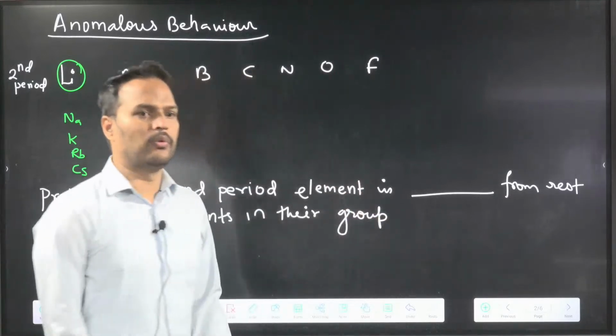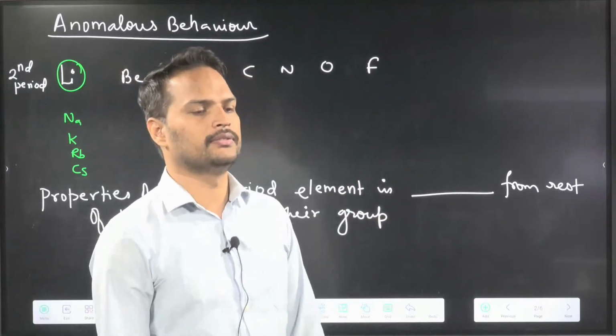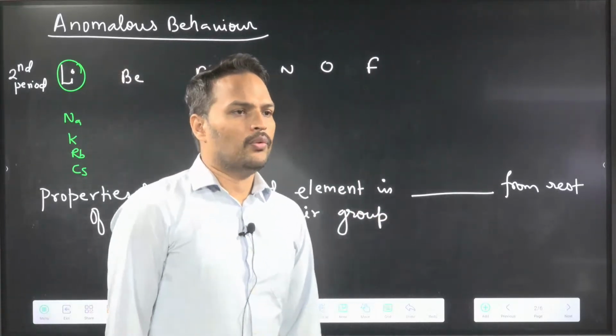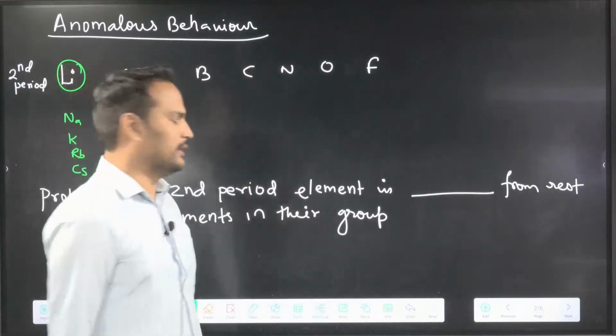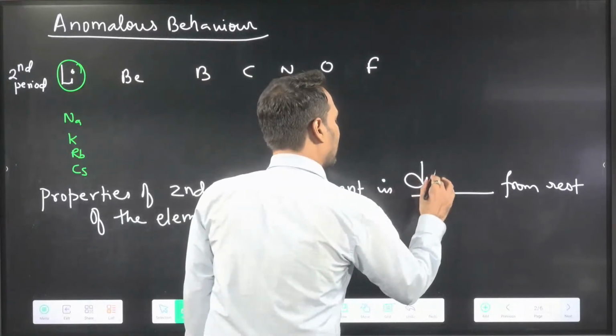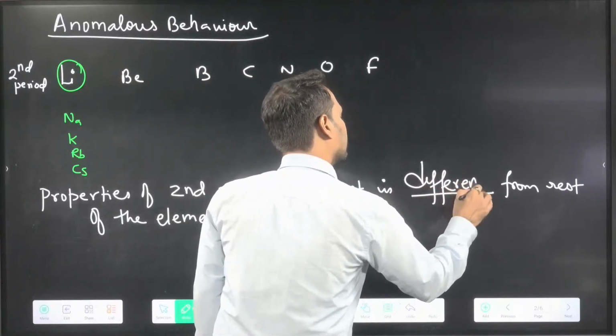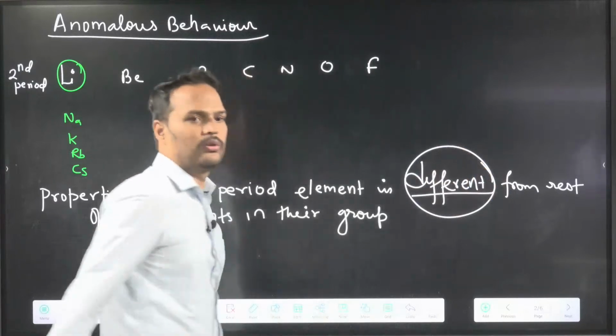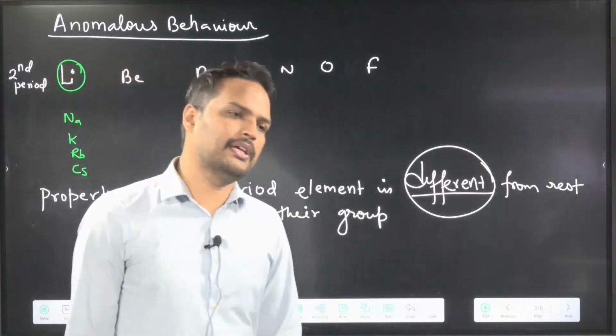So what will you say? What should we write in the blank part? ठीक है ना? So properties of second period elements is different from the rest. This is only known as anomalous behavior.